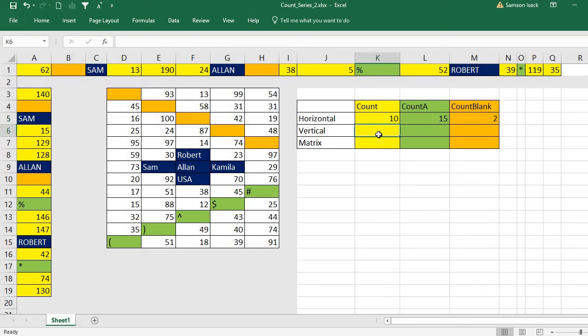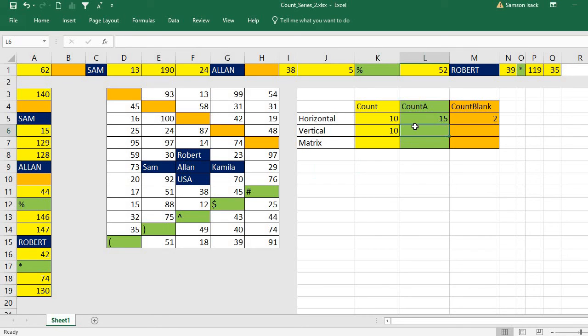Is it the same for the vertical and the square matrix? We will work on that again. Count of this vertical range is 10. Let's see, 1, 2, 3, 4, 5, 6, 7, 8, 9, 10.